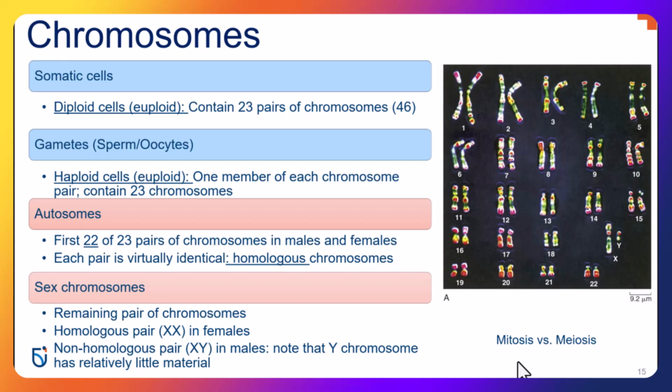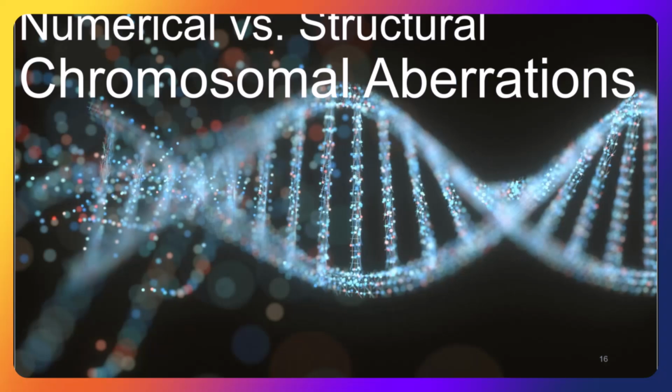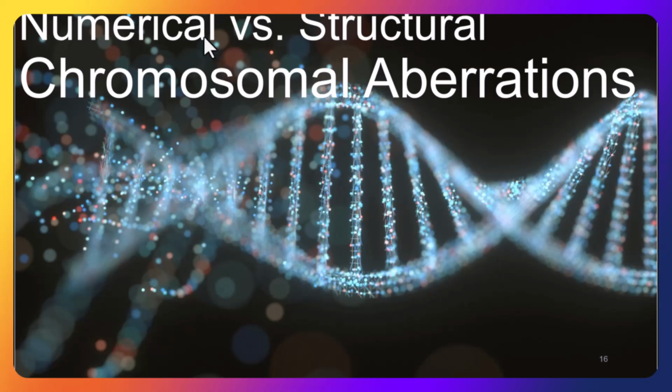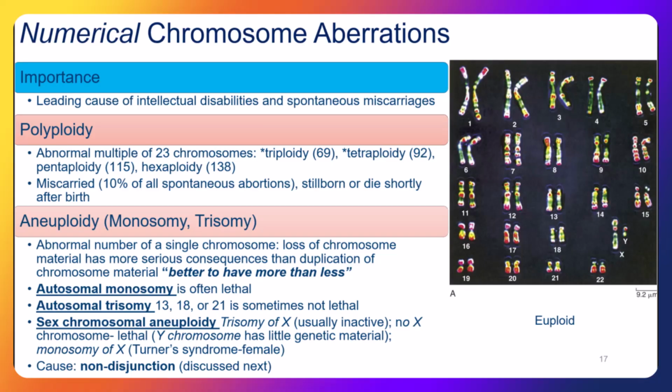Many genetic diseases arise from disruptions at exactly this level. All right. So we're going to break it up into talking about numerical first and then structural chromosomal aberrations, a change from normal.